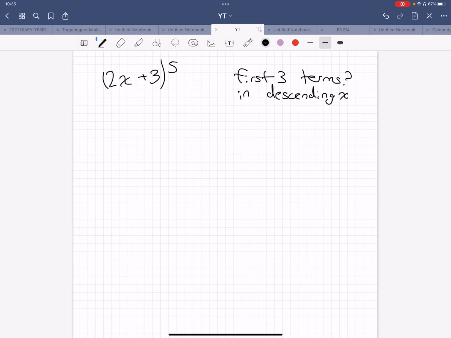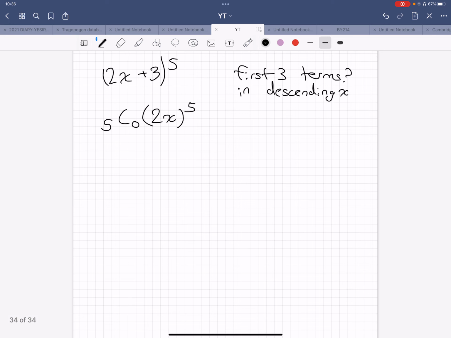Then what we could do is say the first term will be 2x to the 5th, because it starts at 5 choose 0. This is the first term. The second term would be the next power, so it would be 0. But then we want to decrease this by 1, because they're asking for descending x, and you can't get 2x to the 6th from a binomial expansion that's raised to the 5th power.